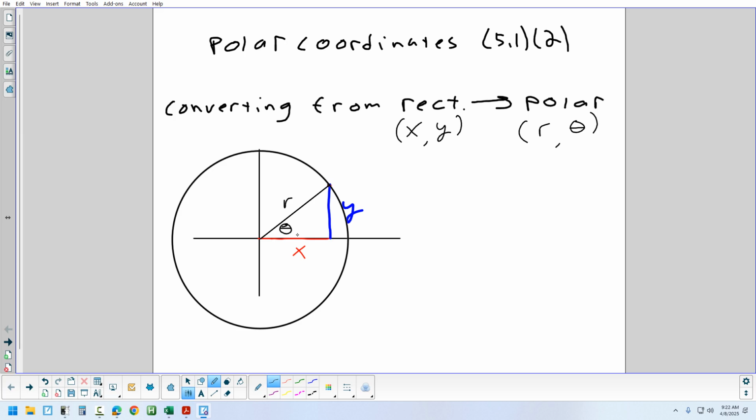Let's start with getting r. If you know x and you know y, you know 2 out of 3 sides in that triangle. How can you get the third side knowing the other 2?